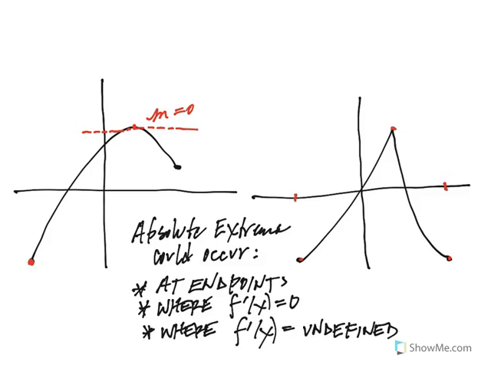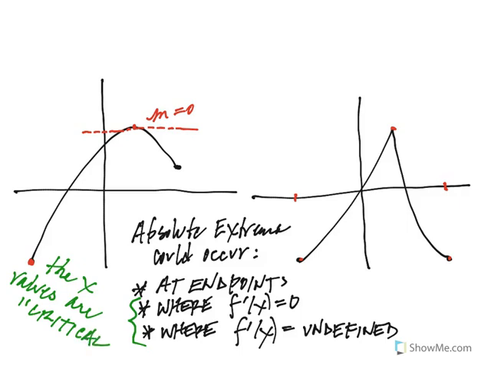Now, these second two, where f prime of x is equal to 0 and where f prime of x is undefined, the x values are called critical numbers. And I'm going to refer to critical numbers again and again this semester. So we're looking for endpoints and critical numbers.